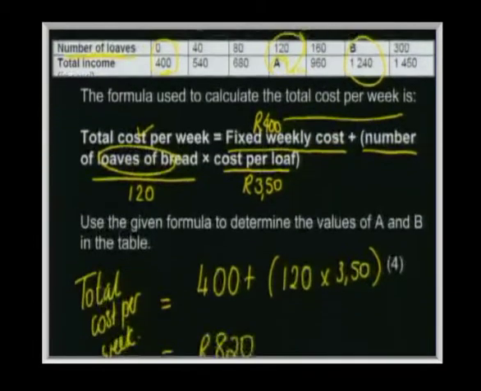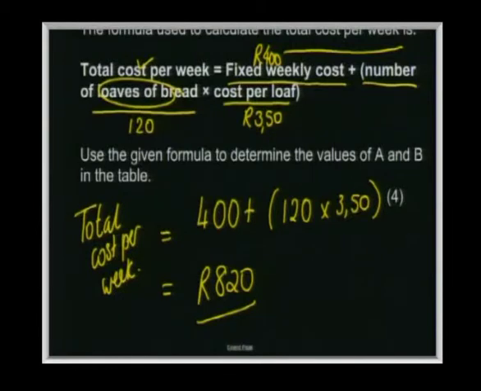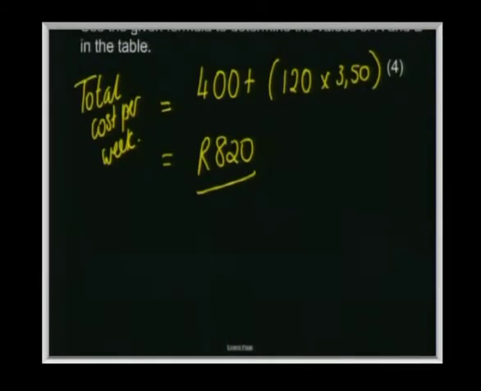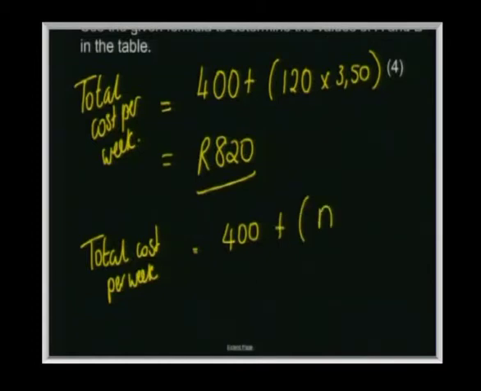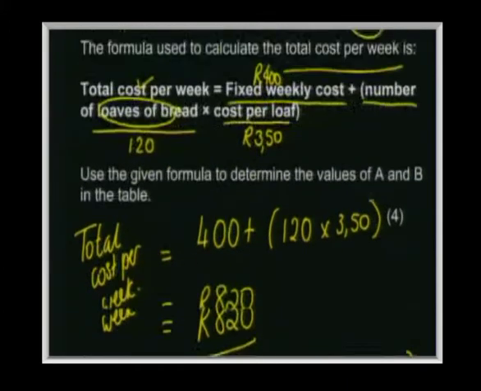So I'm going to rewrite that formula out. Total cost equals 400 plus, and this time it's going to be N that I'm looking for, times 3 Rand 50, and I know what the total cost per week is.